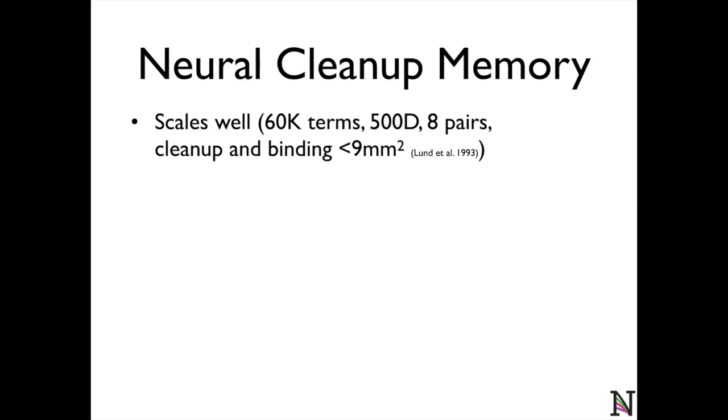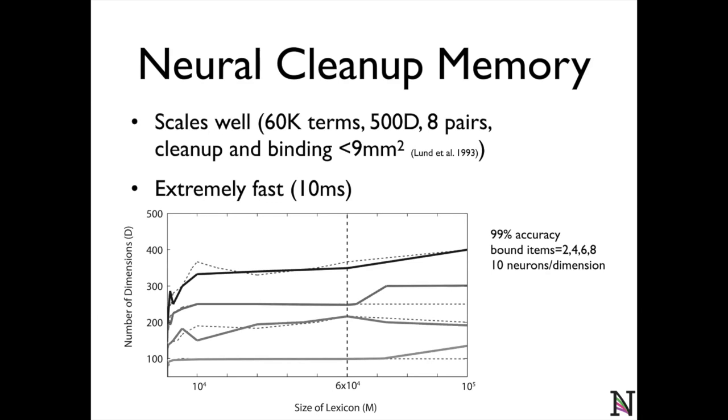So let me show you a graph which demonstrates this. What we're looking at in this graph is a bunch of lines, where what these lines are indicating is being able to decode with 99% accuracy the items in bound pairs, and the number of pairs is indicated by the color of the line.